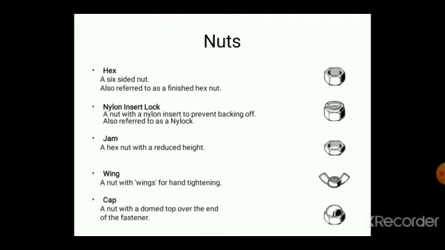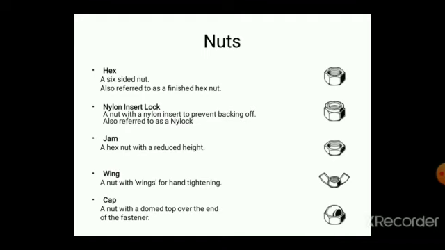These are some of the shapes of the different nuts. The first one is hexagonal, same as your bolt. Then nylon insert lock, where on one end you can insert a lock type of arrangement, same as you observed in the picture on the previous slide.